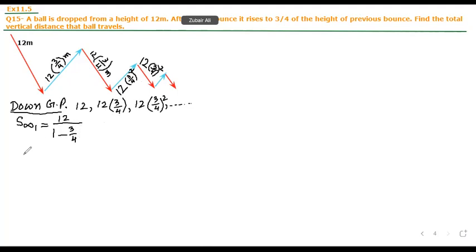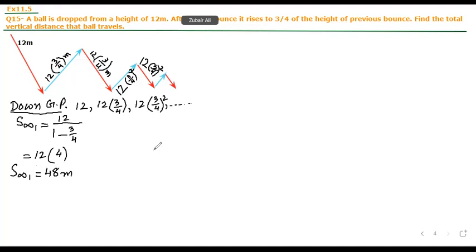So this will become 12 times 1 upon 4, since 4 minus 3 is 1, and 1 upon 4 becomes reciprocal to give 4. So sum to infinity 1 is coming out as 48 meters.